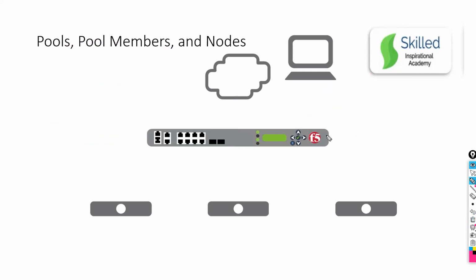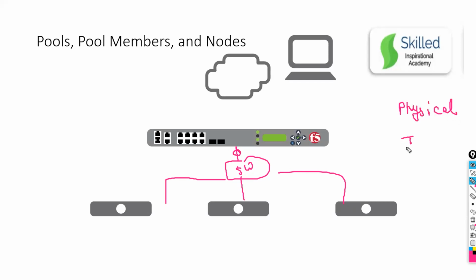Now what happens? Your physical interface, let's say this physical interface is connected to the switch, then you have servers. This physical interface is first there in your F5 by default. It's available.